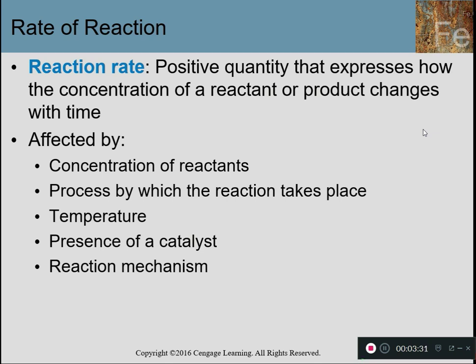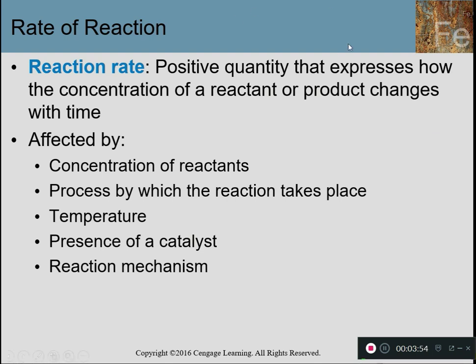Then there's the presence of a catalyst. You should know from biology that a catalyst speeds up a reaction without itself being changed during the reaction. And finally, there's the mechanism. What is the series of steps that take place? How does the reaction take place, and how do you go from reactants to products? That's going to change the speed of the reaction.